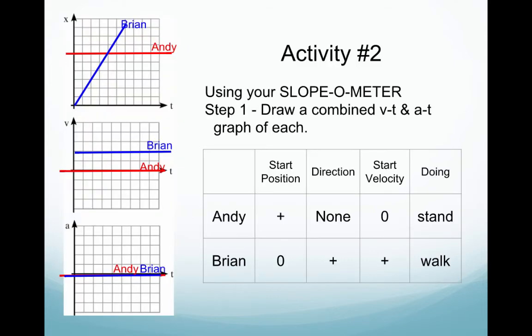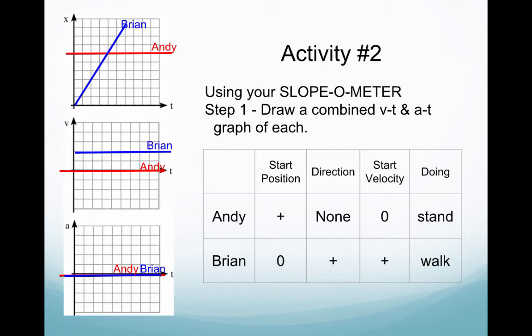So here's activity number 2 that you saw earlier. Andy is standing still, Brian is walking, right? So their VT graphs, Andy would be 0, Brian would be positive. And their AT graphs, Andy and Brian would both be graphed on the t-axis at 0 because the slopes of their VT graphs are both 0.